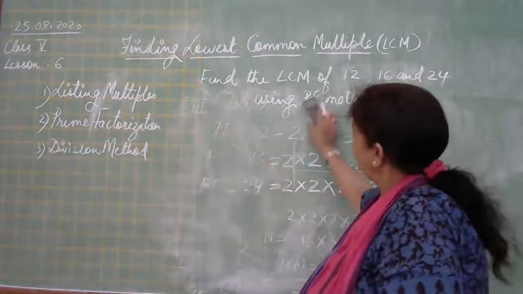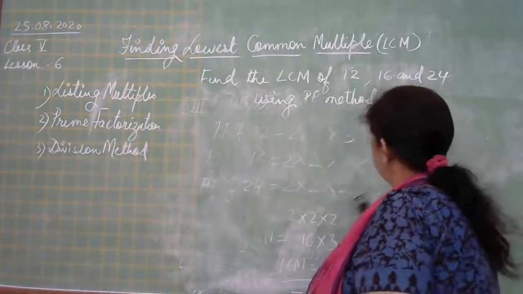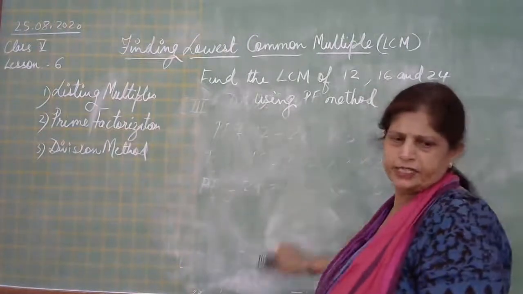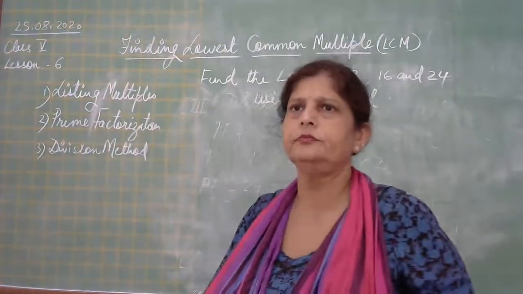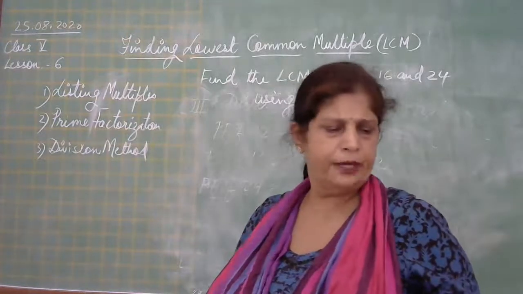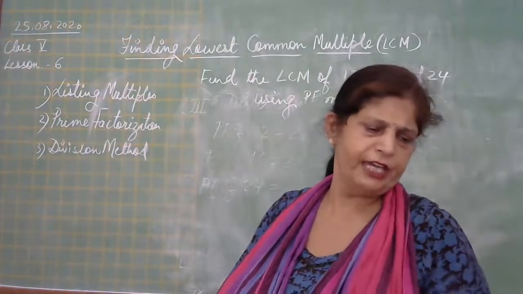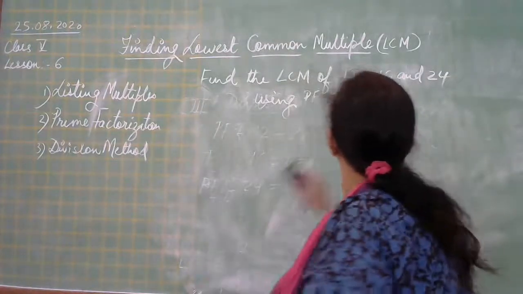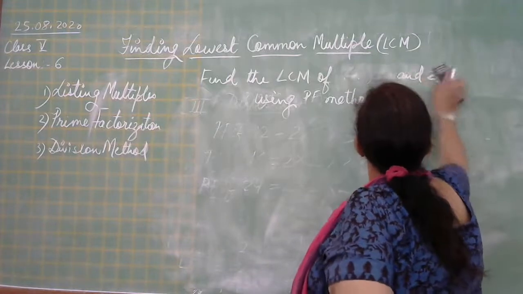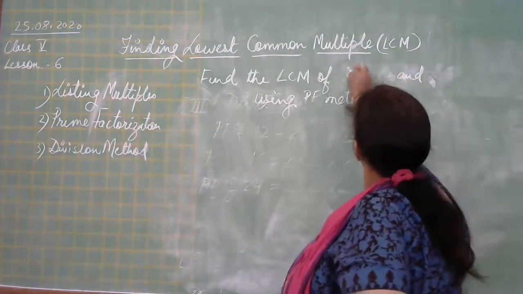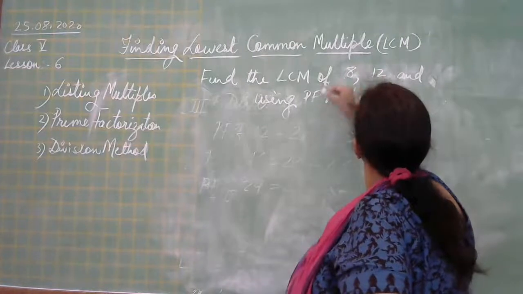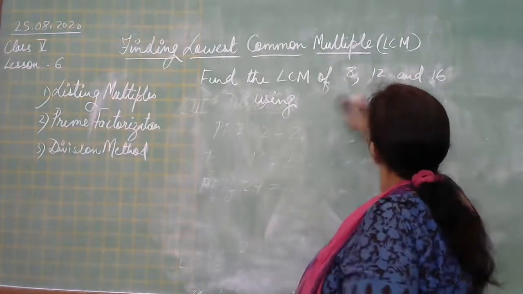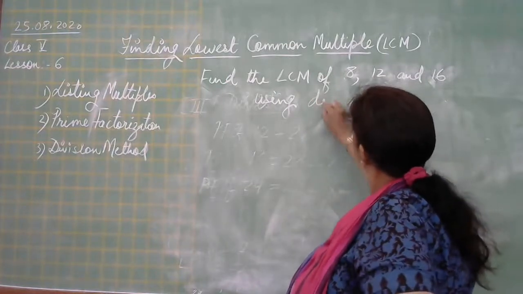Okay, I'll give you one as homework and next time when we meet, I want an answer for that. You find the lowest common multiple, note down the question, of 8, 12 and 16 using division method.